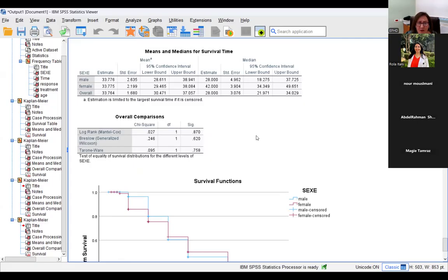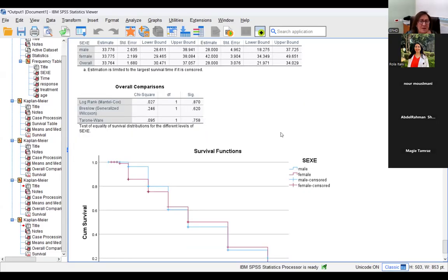But the overall survival based on the log rank test, the Breslow and the Tarone-Ware are all not statistically significant. So does gender affect, or is it related? It doesn't look like it's related to relapse or survival.